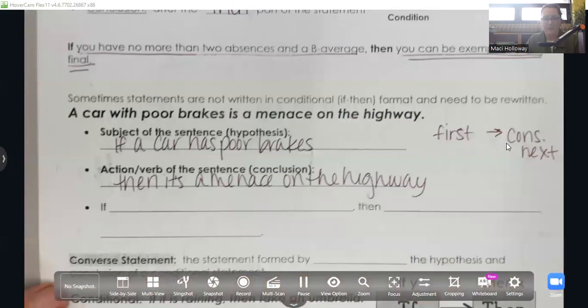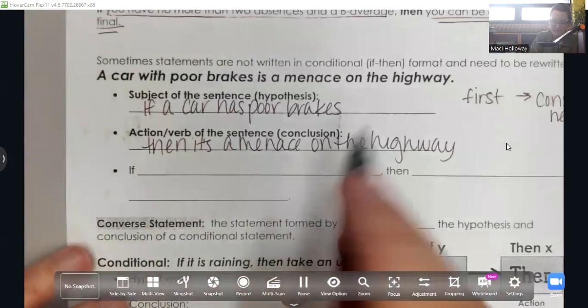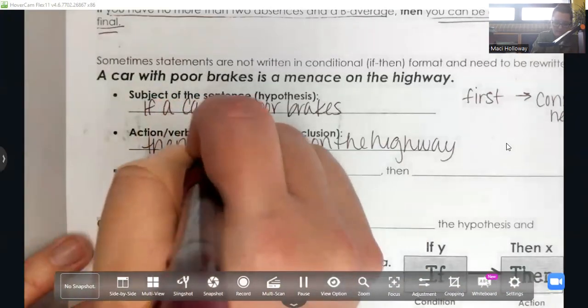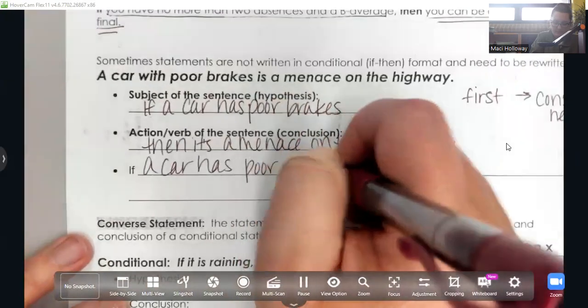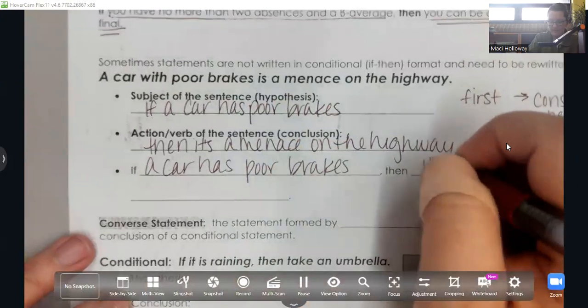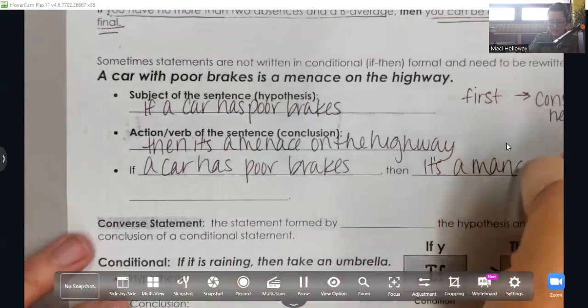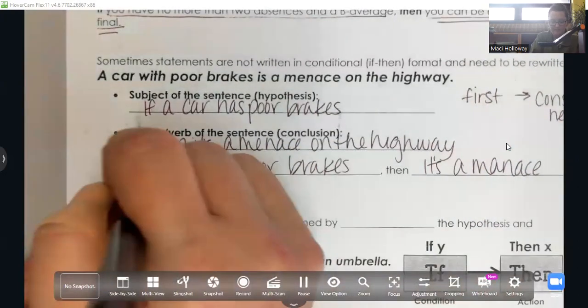So if a car has poor brakes, write it again, then it's a menace on the highway. What a funny word, menace.